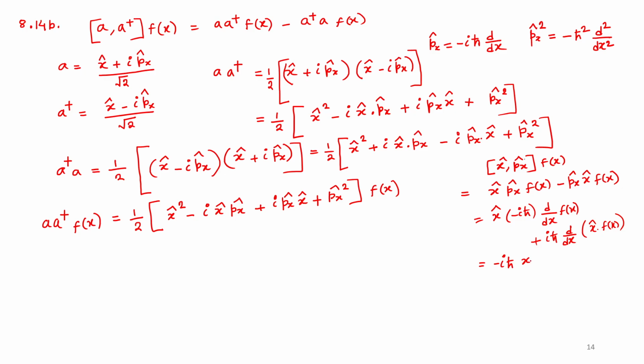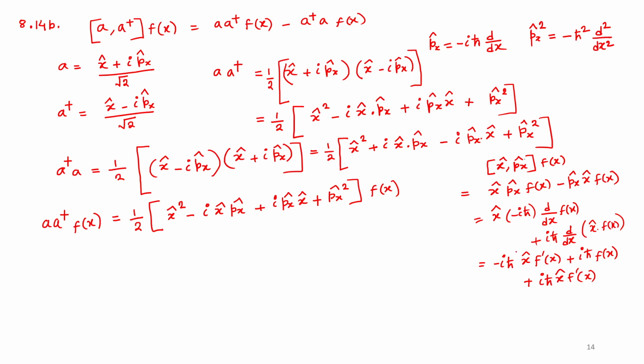So minus i h cut will come here. It is x f dash x. What about this? First we'll operate on x and then f of x. If the derivative of x is taken, then we are going to get 1. So it is f of x, and then if we keep x as it is, we are going to get the derivative of f of x, that is f dash x.